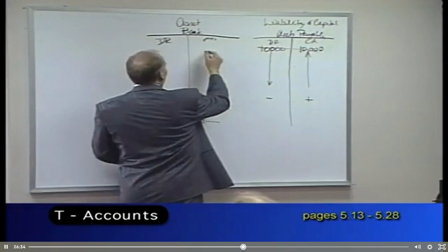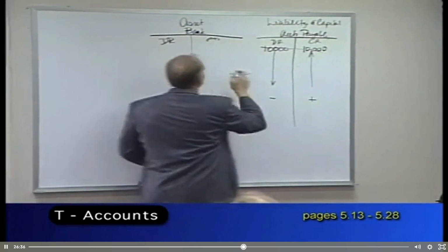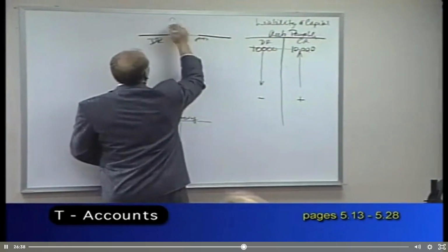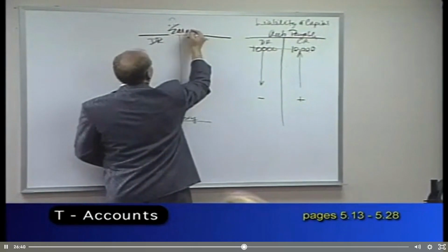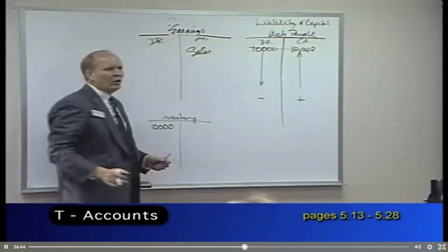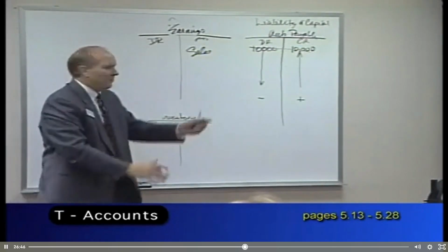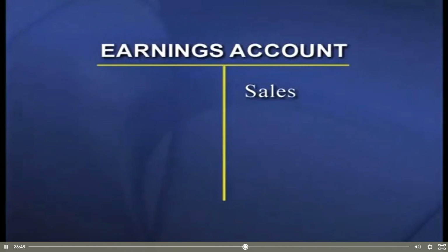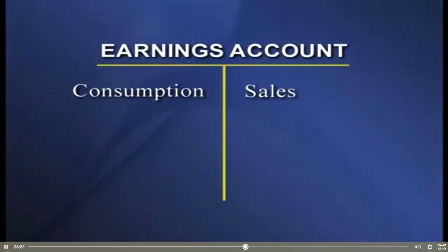So if we've got a sale, we're going to credit earnings. If we're going to consume something in order to get that sale, we're going to debit earnings. So this is consumption.